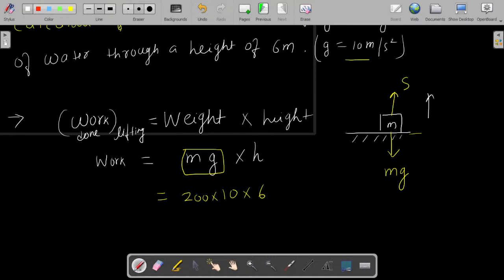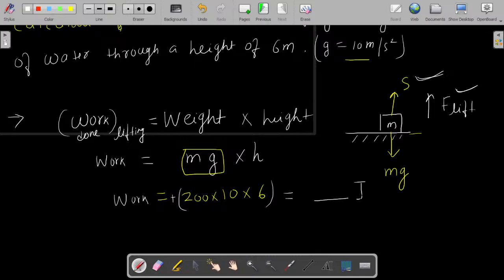You are applying force in the upward direction. That's why we get a plus sign, because work is of 3 types: positive, negative and 0. If force and displacement both have the same direction, that time work is positive. You calculate and tell me the answer.